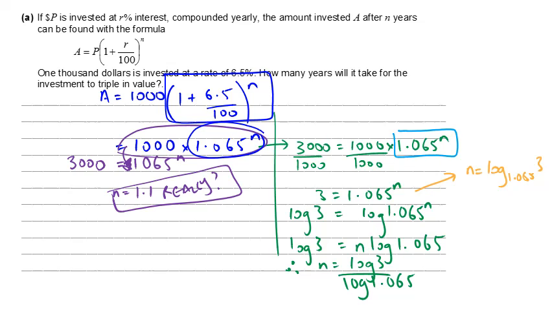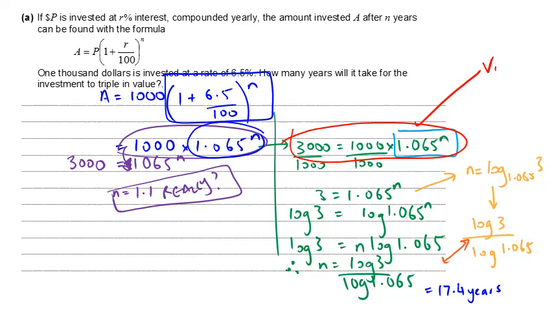That's what you would have probably done, and therefore on your calculator you would have done log of 3 over the log of 1.065, which is exactly the same as that anyway. Done that and you would have got an answer of 17.4 years. Okay, now answering that, if you had established this one here, I gave you an achieved, giving me the answer gave you a merit.